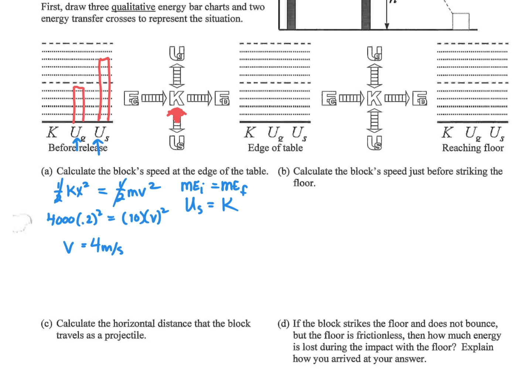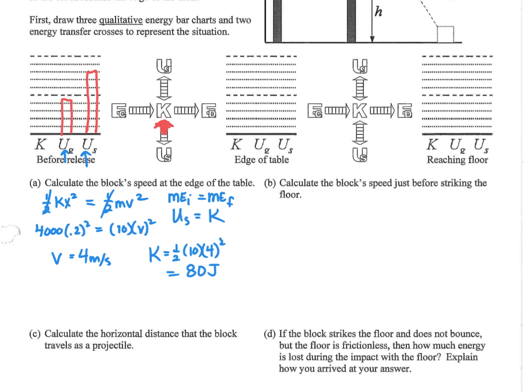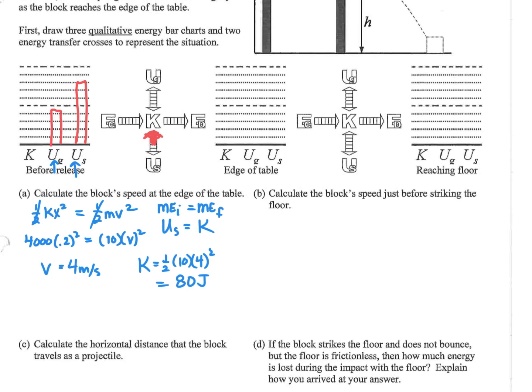So we end up with a 4 meters per second velocity, which means our kinetic energy here is 1/2 times 10 times 4 squared, which is 80 joules. Well, that kind of makes sense if you think about it, because this didn't change at all, did it?